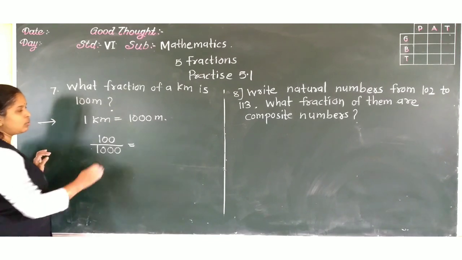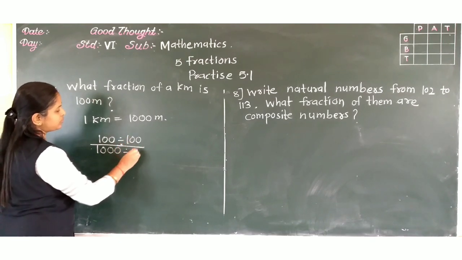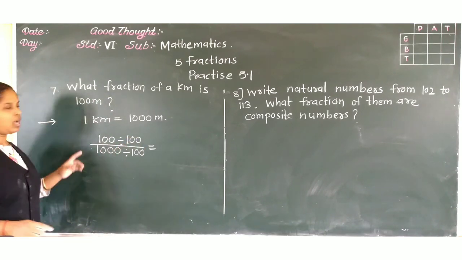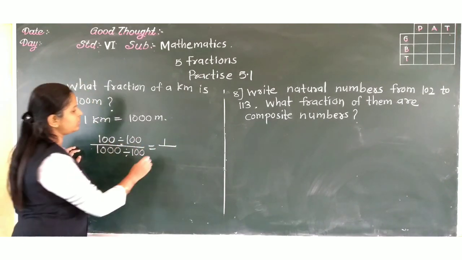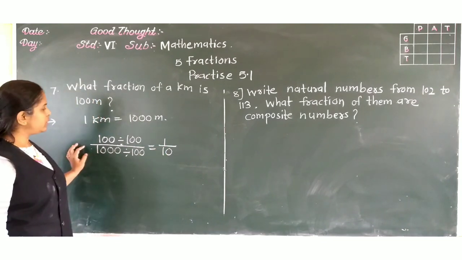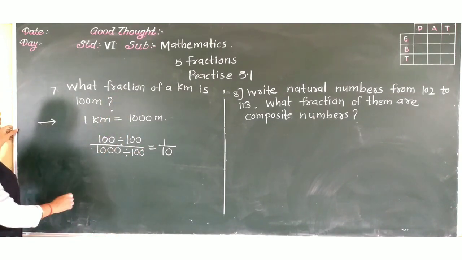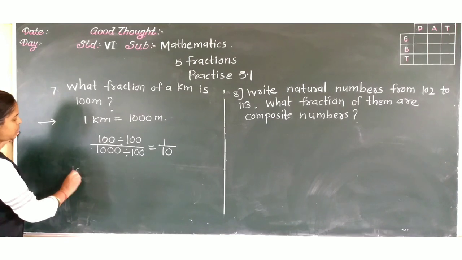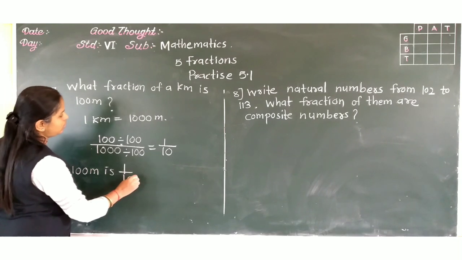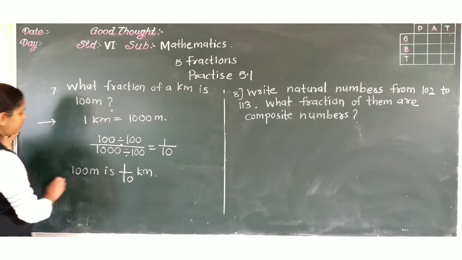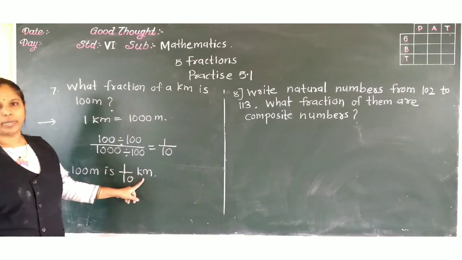Both are divisible by 100. Correct? 100 ones are 100 and 100 tens are 1000. Divide and you will get the answer 1 upon 10. So what fraction of a kilometer is 100 meter? 100 meter is 1 upon 10 kilometer. Okay.